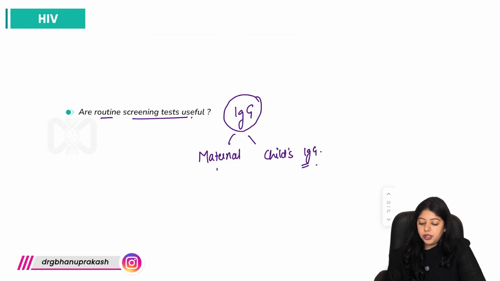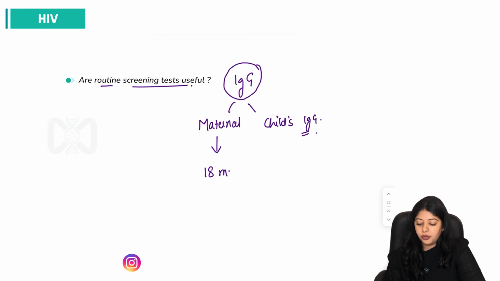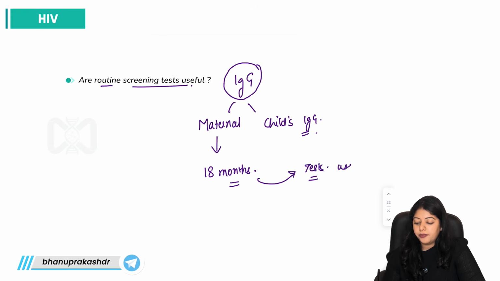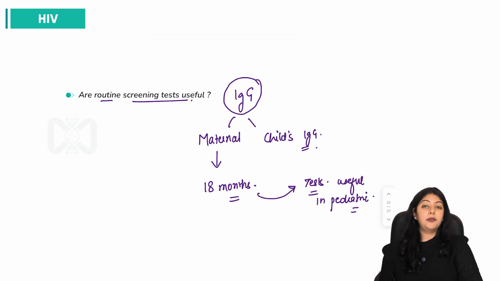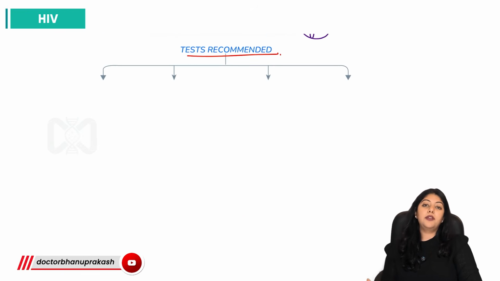Only when maternal antibodies disappear, at around 18 months, would the conventional test be useful in pediatric cases. So are we going to follow these routine screening tests for pediatric diagnosis? No. So what are the tests recommended for diagnosis of pediatric HIV?